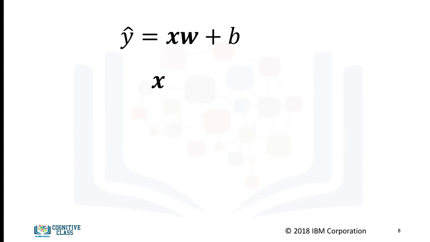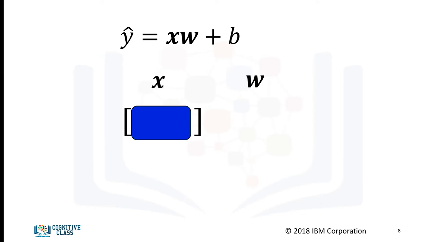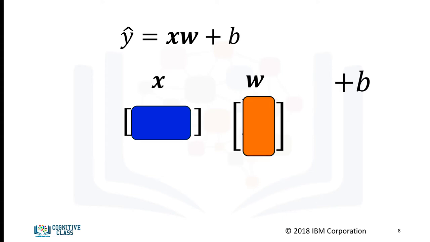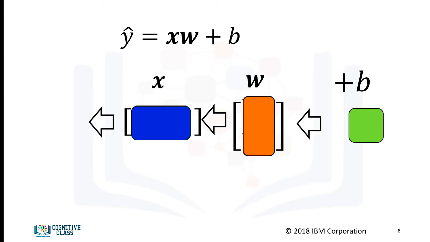We're more concerned with the actual shape of the tensor or vector. We're not concerned with the actual operation, but more with the shape of the input and output tensors. The feature tensor or vector can be visualized as a row vector or tensor, and the parameter vector or tensor can be visualized as a column tensor. We also add the bias term, which is a scalar. Performing the operations, we get an individual output.